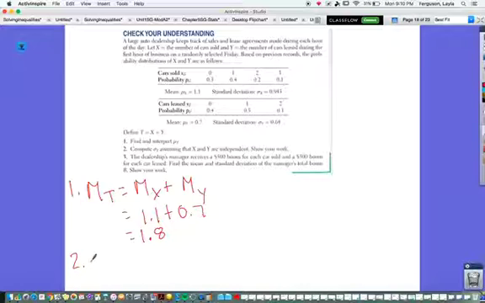Number two asks us to compute the standard deviation of T, assuming that X and Y are independent, and show your work.